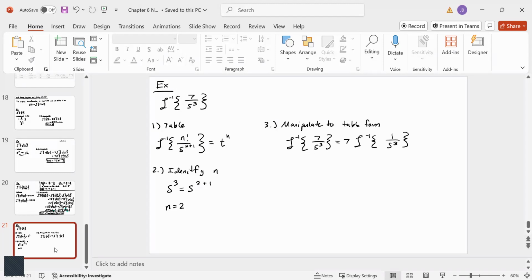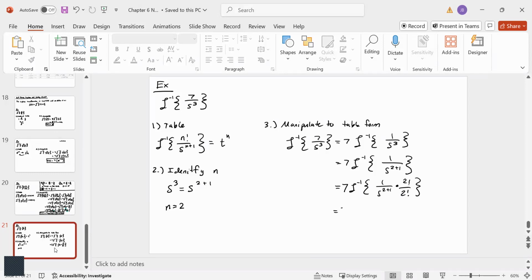And then from there, we are going to rewrite it as 7, and then 1 over s to the 2 plus 1, because that's just identifying what n is supposed to be. And so I need n to be 2 factorial. So using our one trick, right, we're going to do 1 over s to the 2 plus 1 times 2 factorial over 2 factorial, like that.